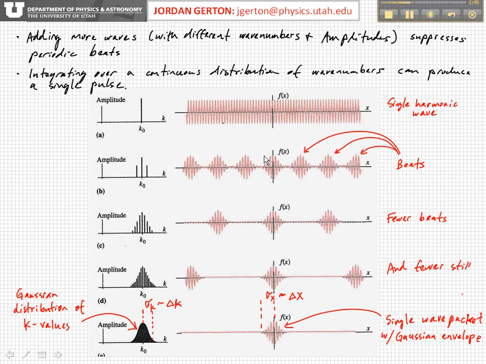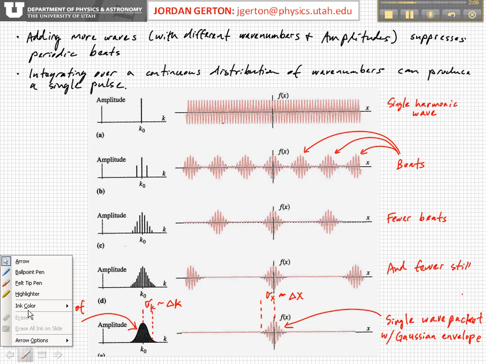Okay, and you can see now that we're starting to suppress the amplitude of the waveform in these regions between the beats. And if we add in several more waves, again spreading out the range of k. Okay, so now we're going even wider in k compared to what we had over here.